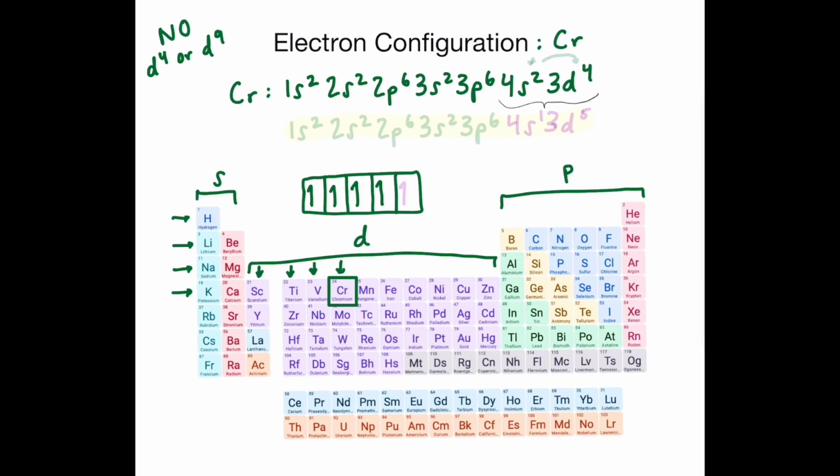And so we're going to take an electron away from 4s2, and we're going to give it to the 3d so that we can fill this last electron in and have it be more energetically stable. So we're going to have 4s1, 3d5. So if we write out this fully, this will be our full electron configuration for chromium, highlighted in yellow.